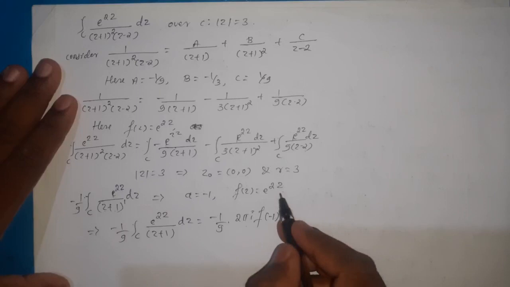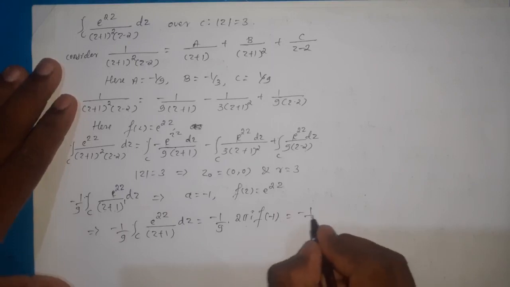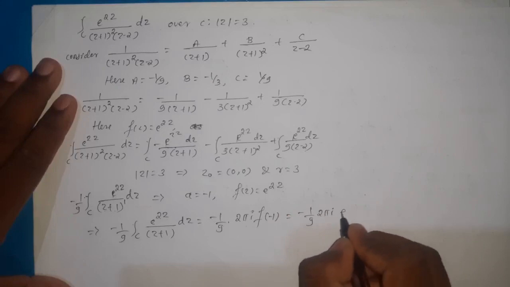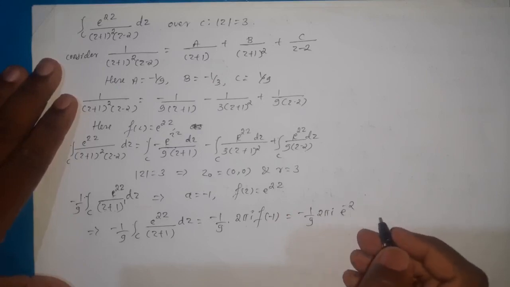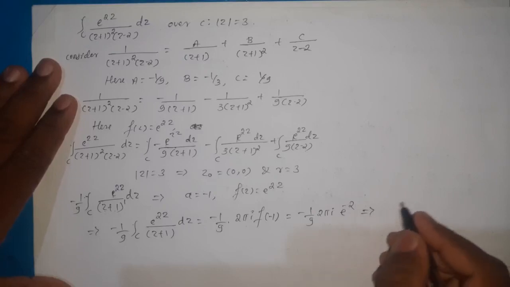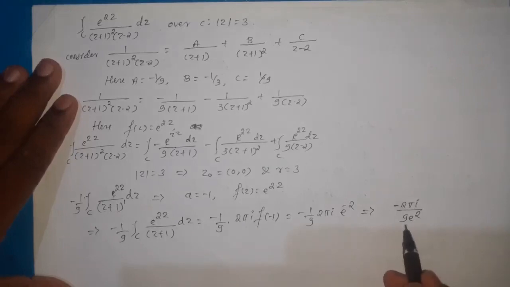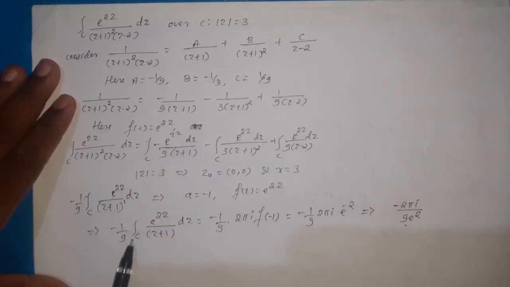We know that f of z equal to e power 2z, so f of minus 1 is obtained by substituting z equal to minus 1. That gives minus 1 by 9 into 2 pi i e power minus 2, which is equal to minus 2 pi i divided by 9e square. That is the value of the first integral.